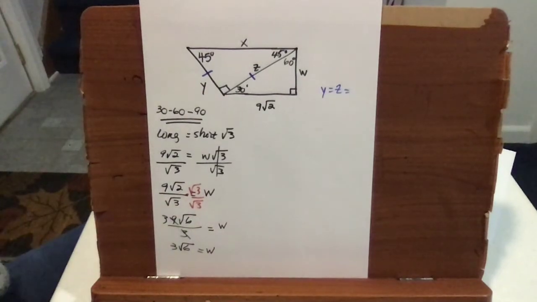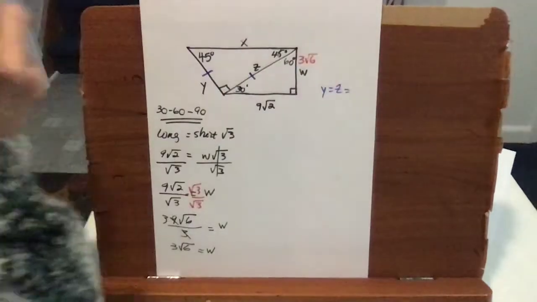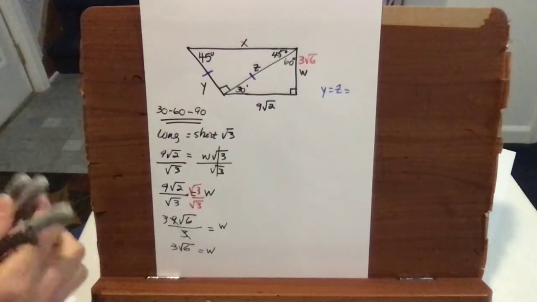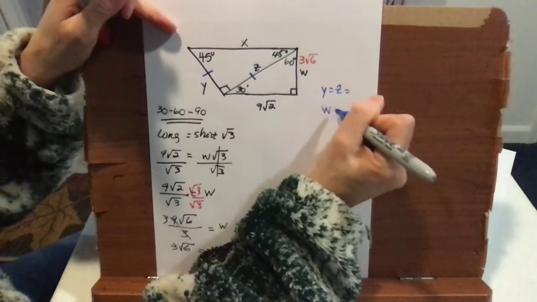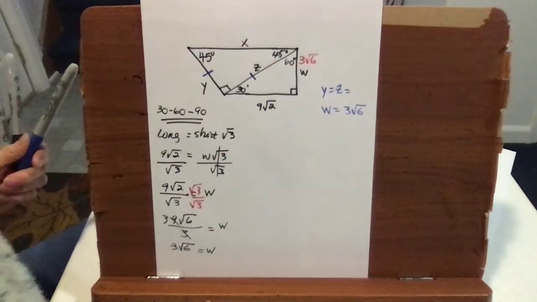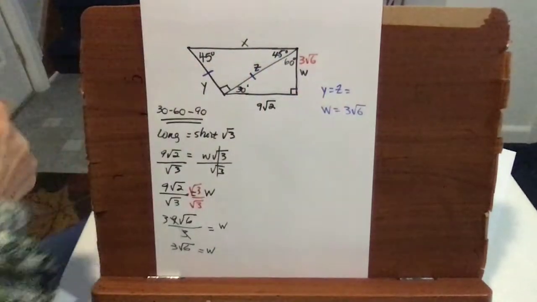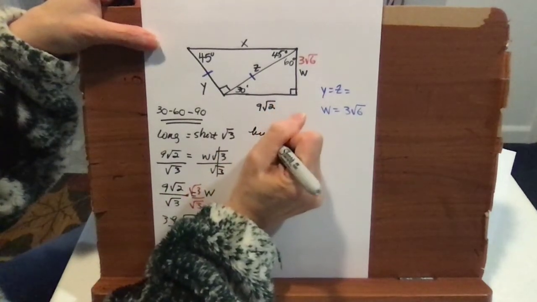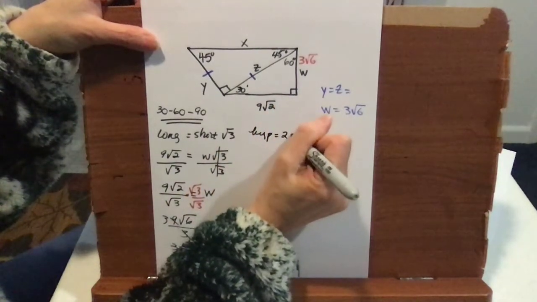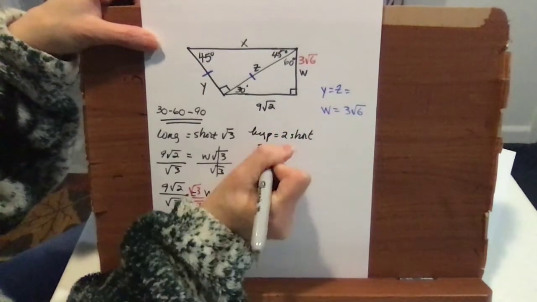So we're going to put that on our figure. Okay, 3 root 6. And let's keep our running tab here on our variables. And we got that. All right, now we need to get z. Z in a 30, 60, 90 right triangle is the hypotenuse. So our hypotenuse equals 2 times our short leg. Our hypotenuse is z.